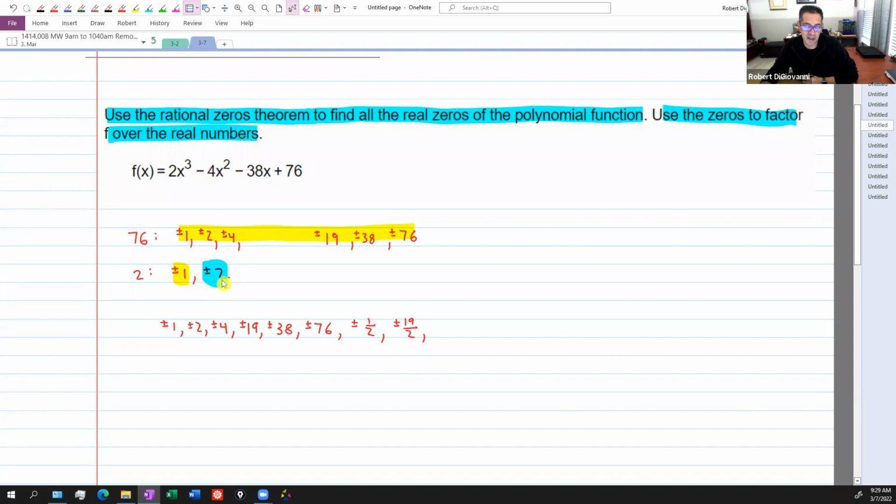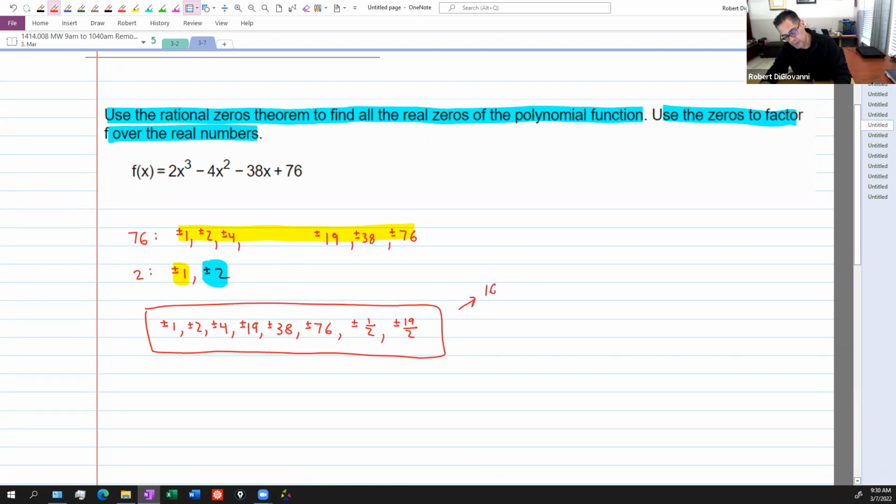I think that's 19. 19 is in our list. And 76 divided by 2 is 38, and that's in our list. So this is it. 2, 4, 6, 8, 10, 12, 14. There's 16 possible rational zeros.